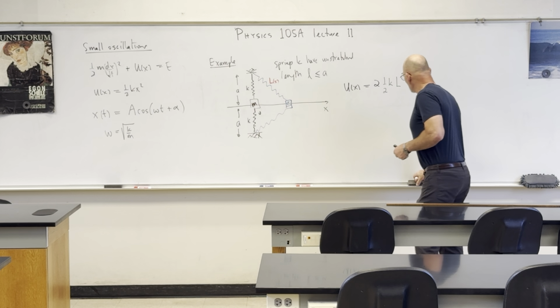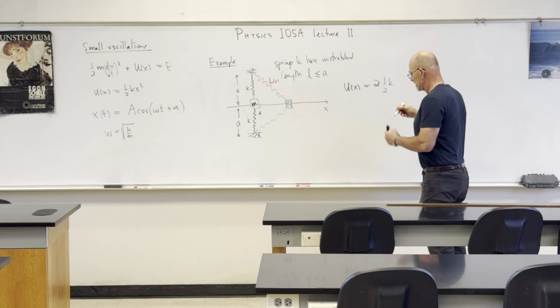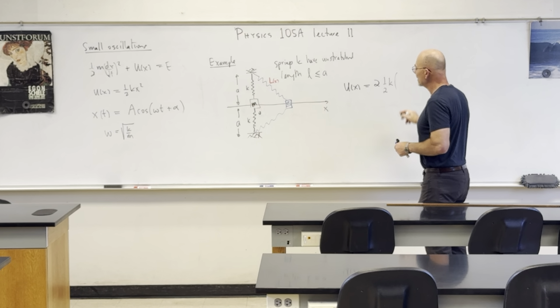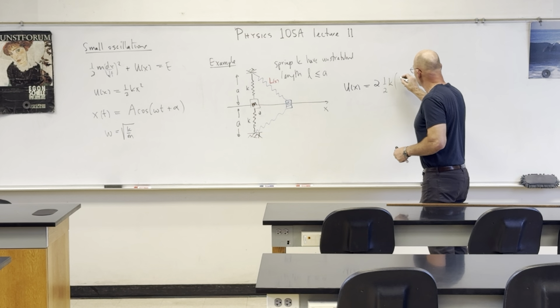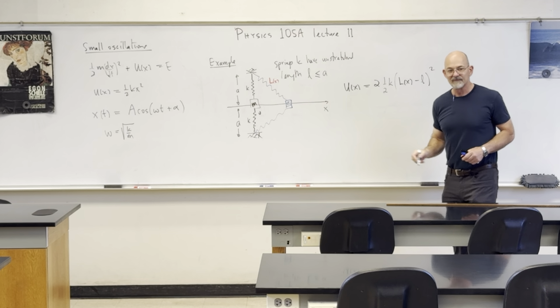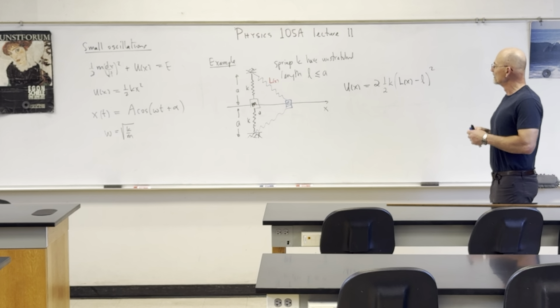So we have 2 of 1/2 K, L of X minus lowercase l squared. That make sense? So there's two of them.